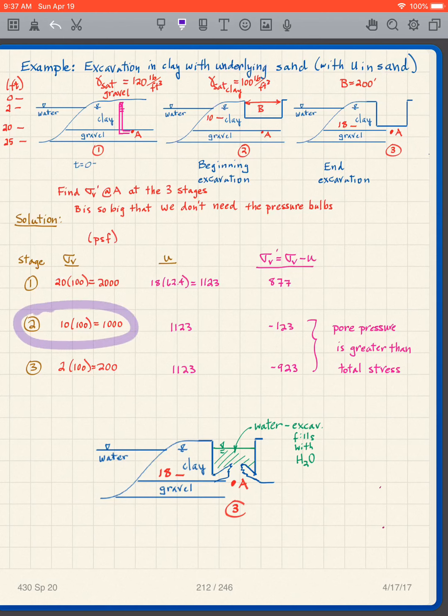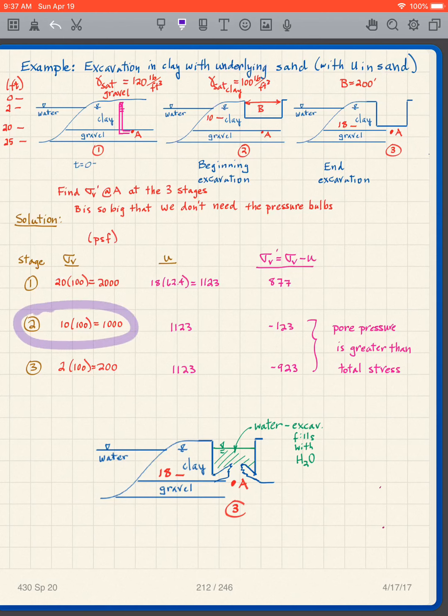Now, what is my pore pressure? Water is not flowing, so I don't need a flow net or anything like that. I'm looking at the pore pressure in the sand, so I don't have any excess pore pressure to worry about. I simply use my piezometer, my water table, basically.